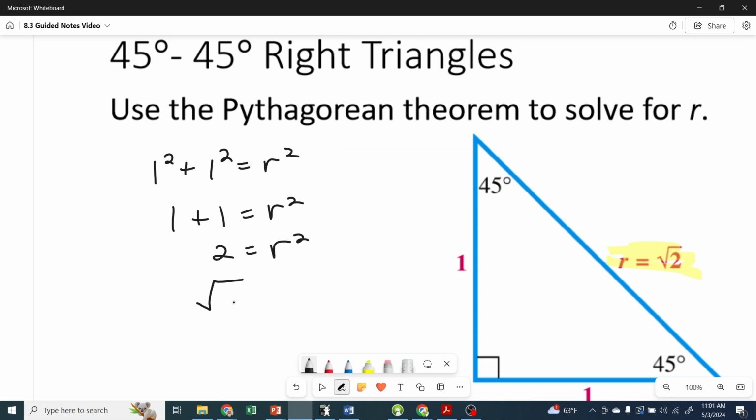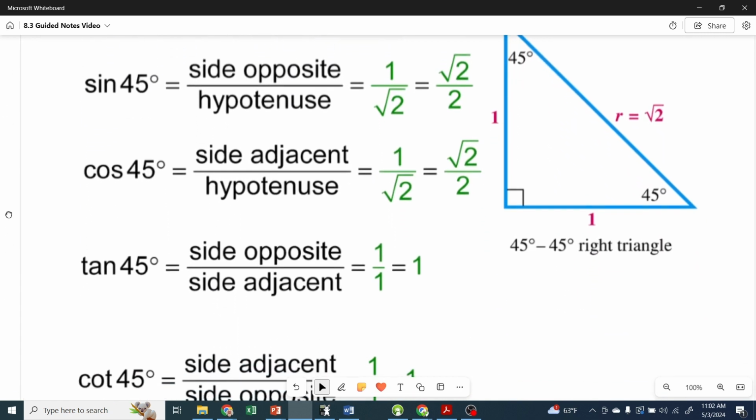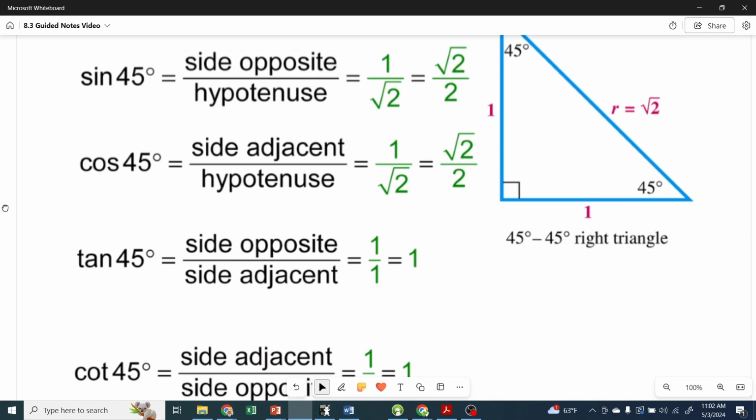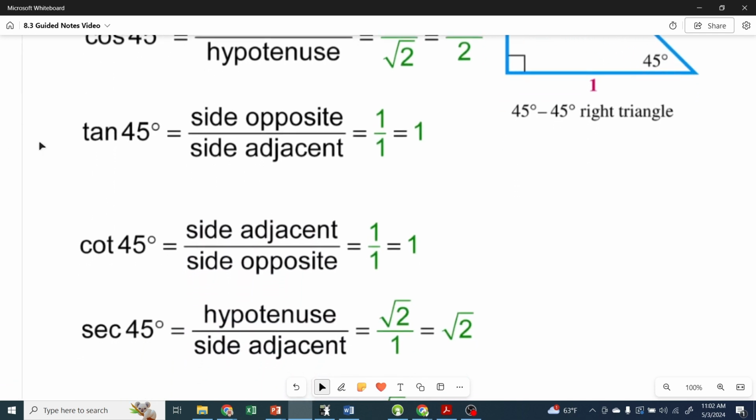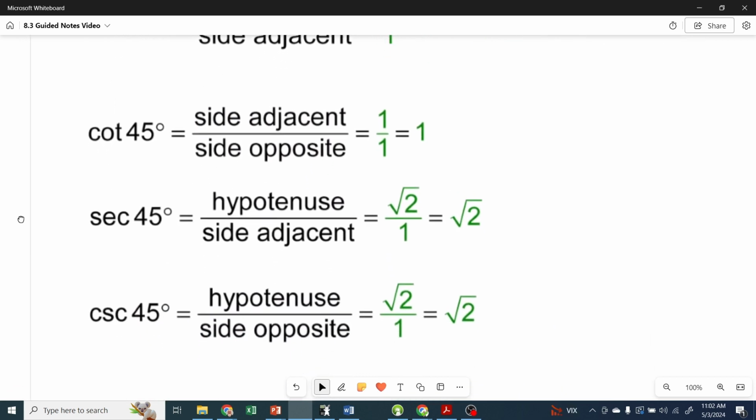So the square root of 2 is equal to r. So the ratio of the sides of an isosceles right triangle 45, 45, 90 are 1 to 1 to the square root of 2. So you're going to end up with a bunch of square root of 2 stuff in all of your trig functions dealing with 45, 45, 90s. Right? See all that square root of 2? Alright, and 1. Okay. The tangent and cotangents are all equal to 1.